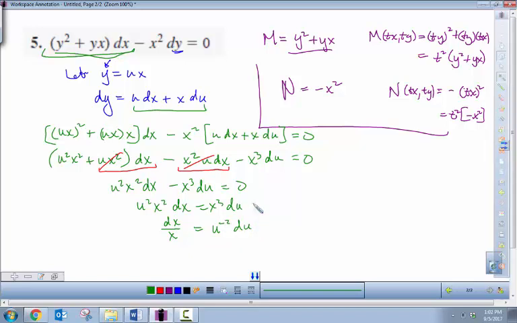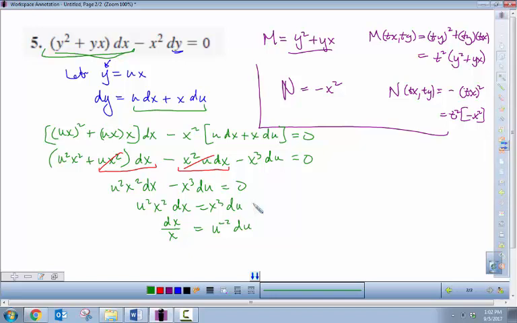I'm going to write my u side as u to the negative 2, so it doesn't tempt you to use the ln, because the integral of 1 over u squared du is not an ln function. Okay so far?